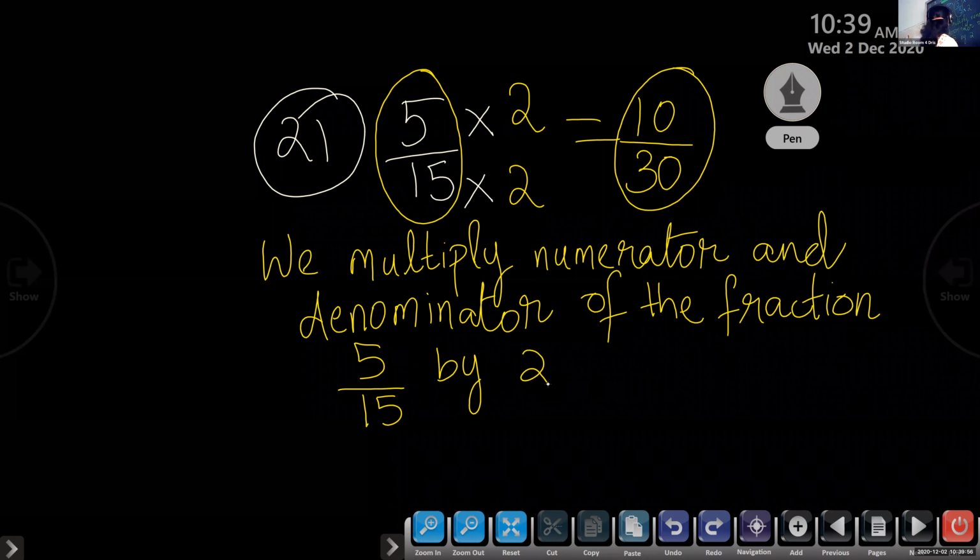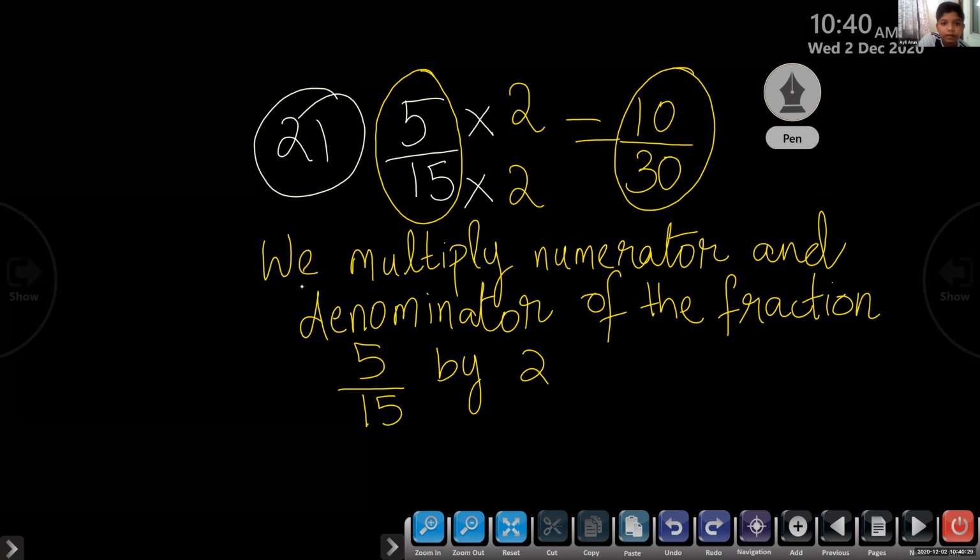Okay, next one we will do with dividing. Yes, Isra, can you tell me by which number I can divide? By which number I can divide 5 by 15? 5 and 15. 5 divided by which number?